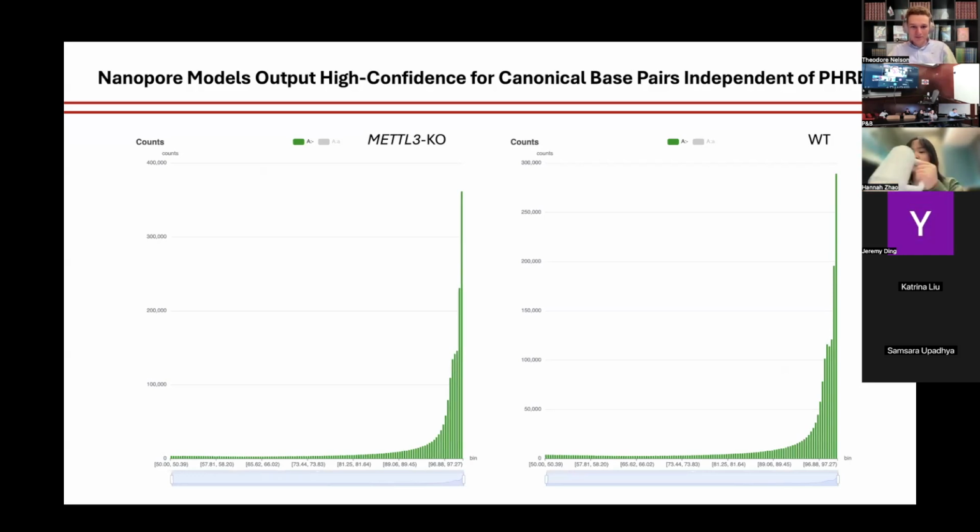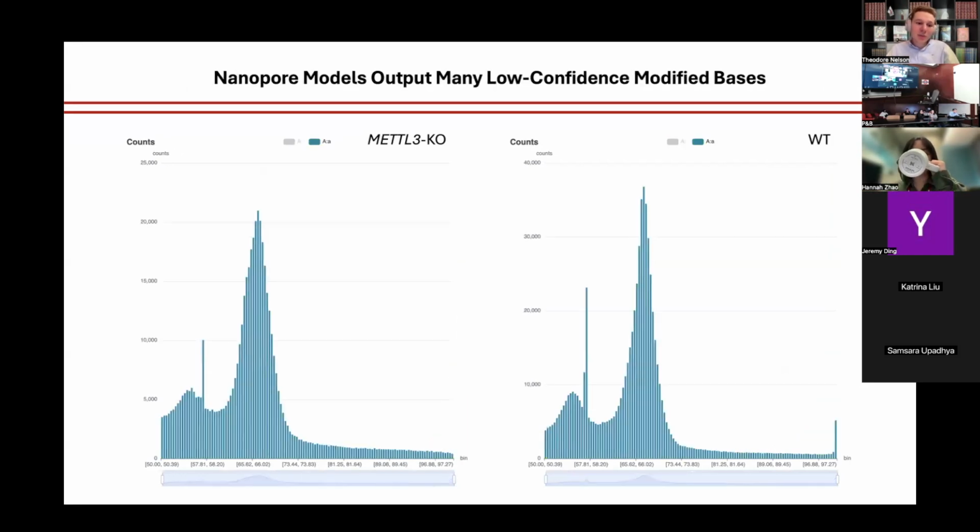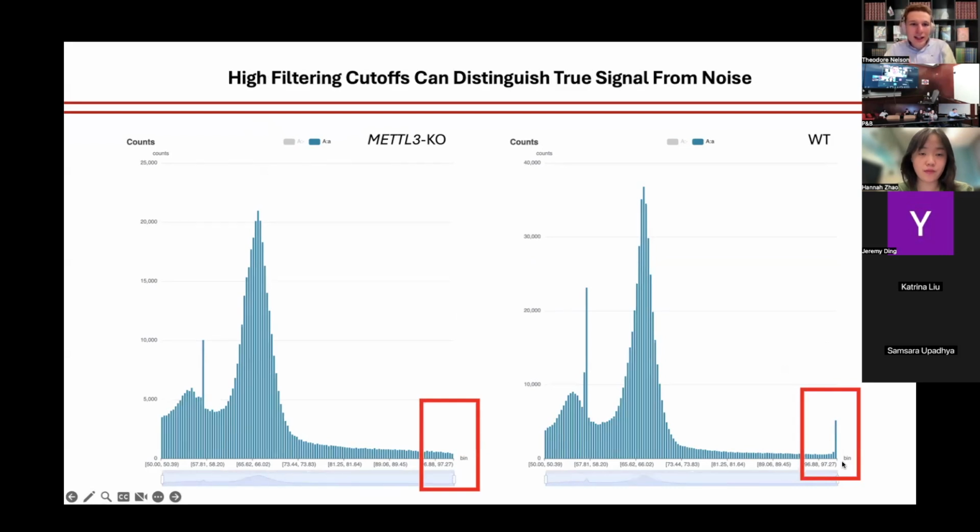That's important. Then when you look at m6A in the METTL3 knockout, you would expect there to be a lot less m6A versus in the wild type. But what you ultimately see is that they actually have very similar distributions and very similar curves. It's only when you get to 0.99 or higher confidence, so much higher than the default confidence, that you start to see a difference in the model.